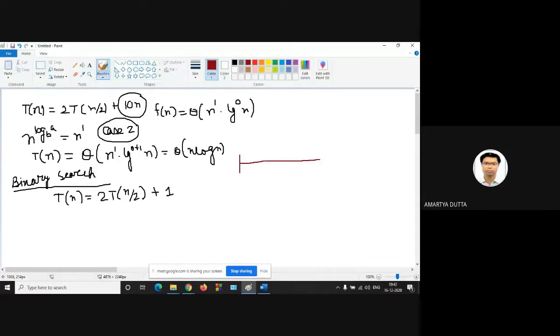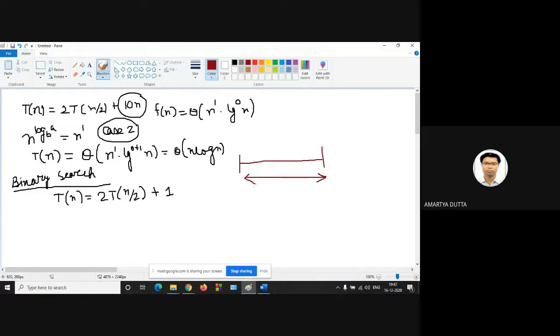Binary search. Let this be your problem size. The problem definition is, given a data set, that is, given an array or linked list, you have to find a particular number, a particular element. This is binary search. Main problem definition: searching. You have to search a key value from a given data set.